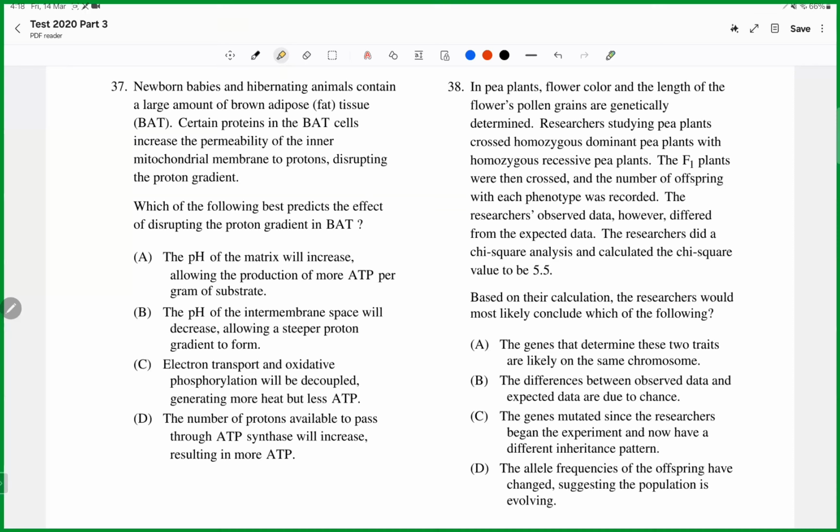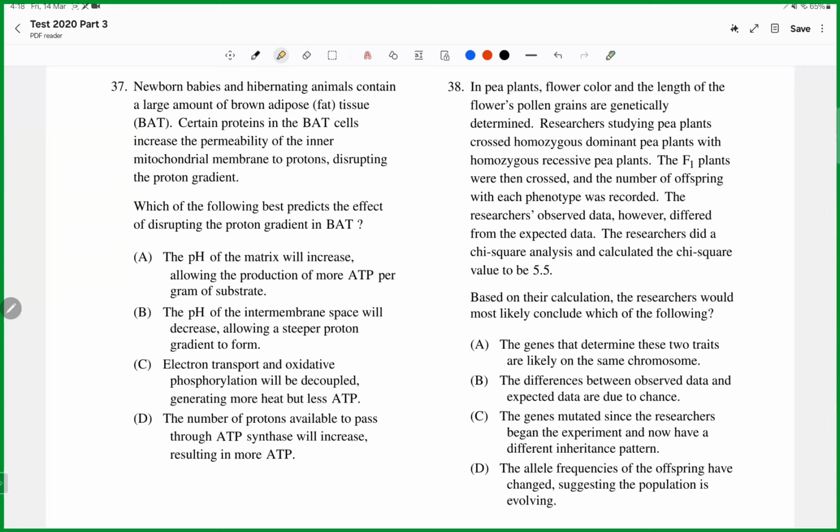Certain proteins in the BAT. Now, BAT is not a bat animal. It's brown adipose fat tissue. Weird, right? They increase the permeability of the inner mitochondrial membrane.